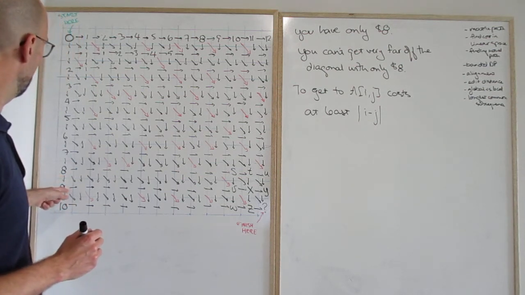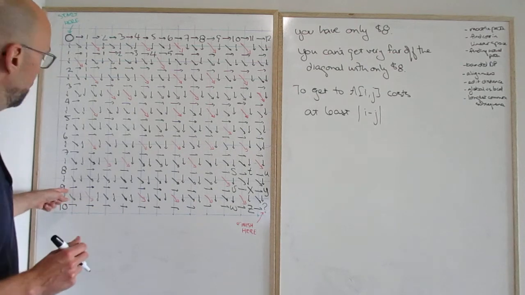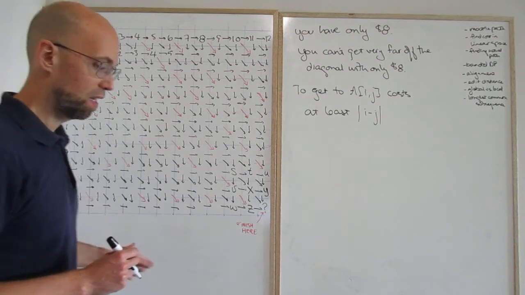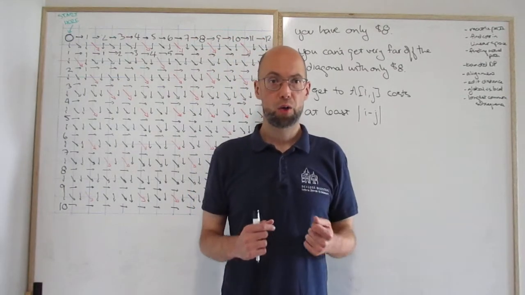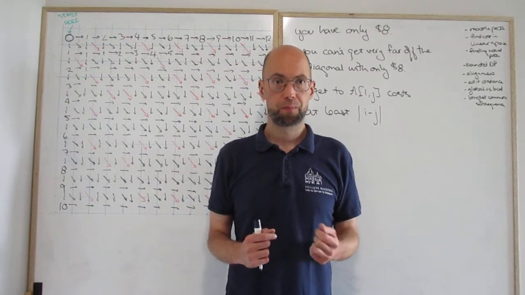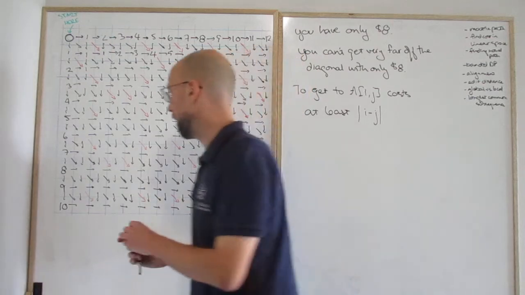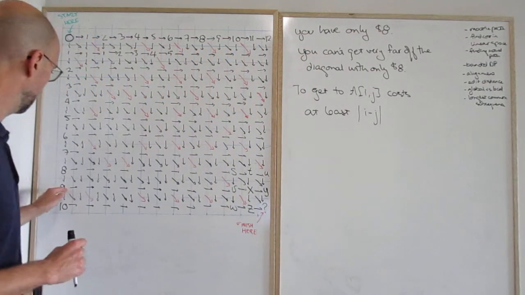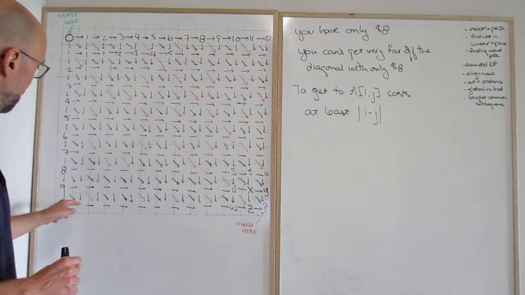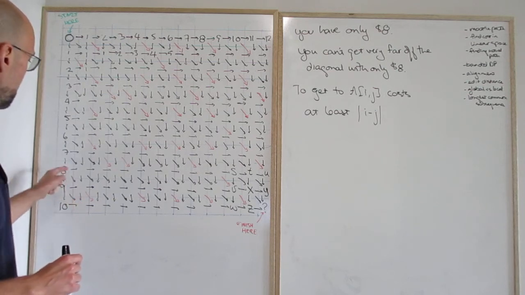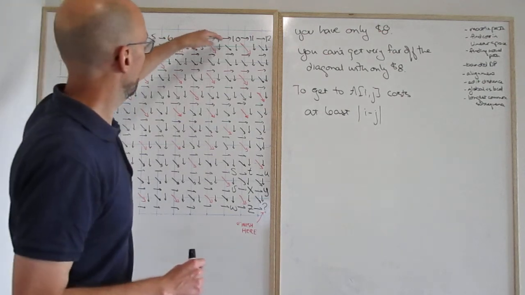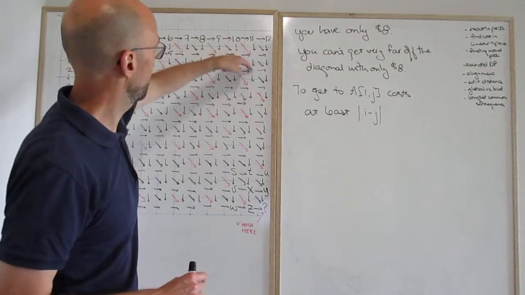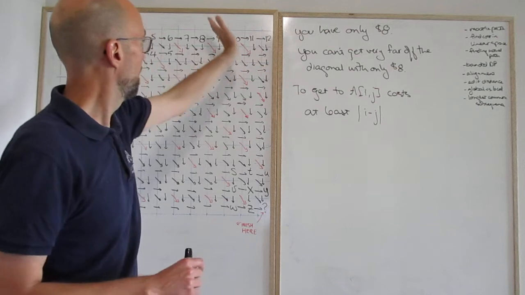If this is A09, the difference is bigger than 8. You can't get there with $8. You don't have to work out this cell, this cell, or this cell. You can get here. Okay? You can't get to this cell or this cell or this cell or anything above that.